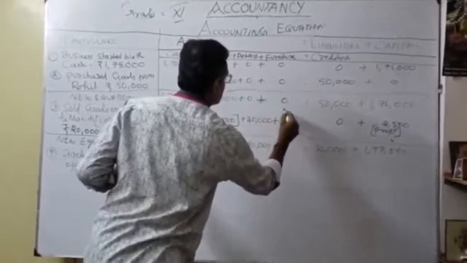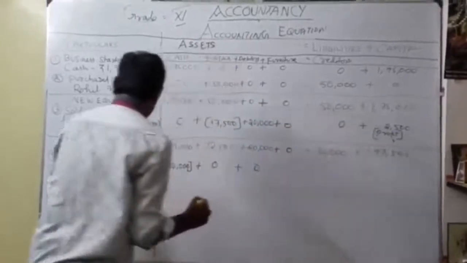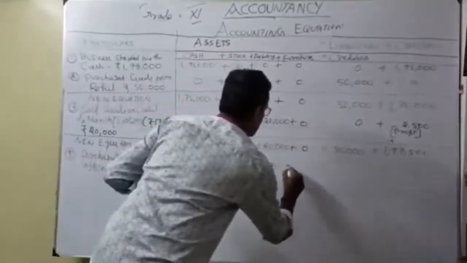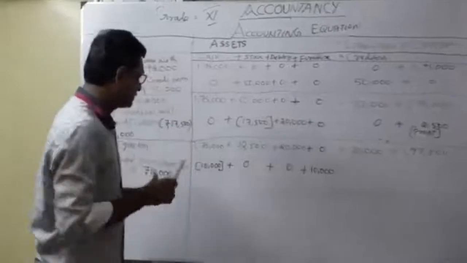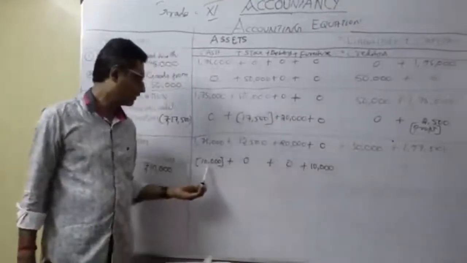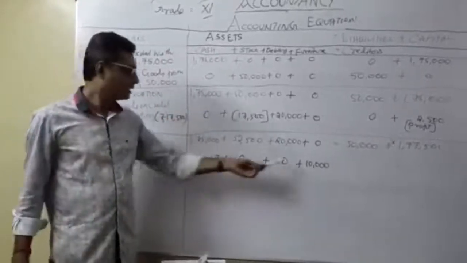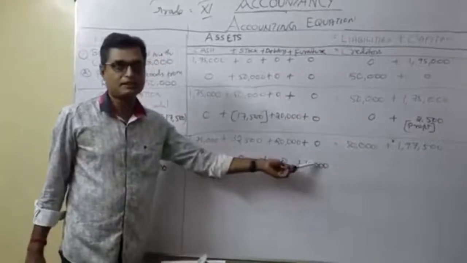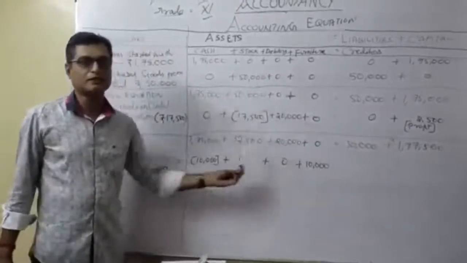Okay, again plus 0, again plus 0. Here only I showed plus 10,000. Okay, see here, my cash reduced, in the sense that I got furniture. That's what equal is, correct? 10,000, one of my assets reduced. Similarly, my furniture asset also increased. Here decreased, here increased. So compensated. So accounting equation. Now understood.